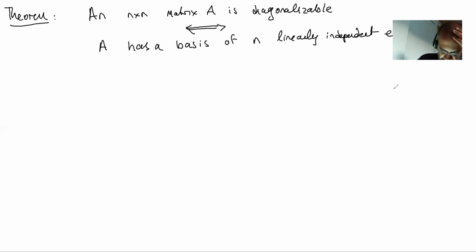So these two things are actually equivalent. I defined diagonalizability as being similar to diagonal. That's the same as having n linearly independent eigenvectors.